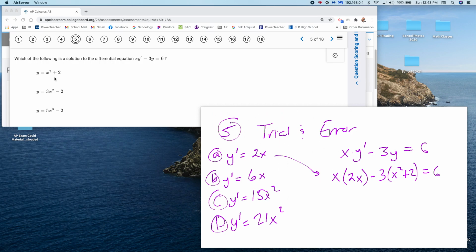Well, what we get is 2x squared minus 3x squared minus 6 equals 6. Nope, we can't do that because those don't work out to be equal.